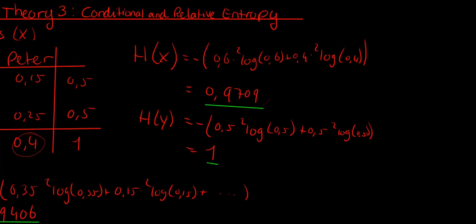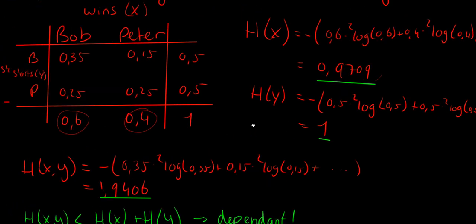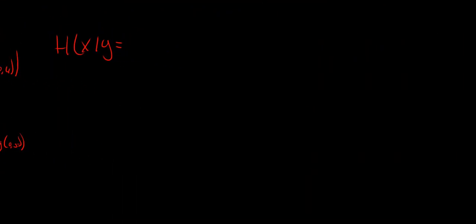So let's calculate that. We're going to calculate the conditional entropy of X given Y, where we know that Peter can start. So Y is Peter. We know Peter can start.